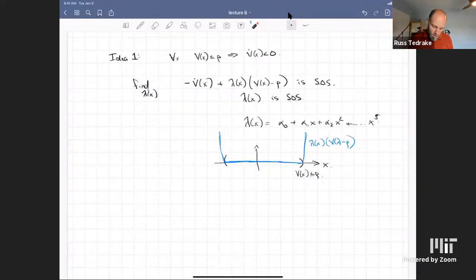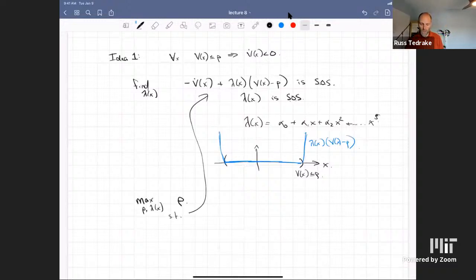Awesome. The problem with this, as we just talked about, is that if I want to maximize rho, I want to find the biggest sublevel set. So it would be very tempting to say maximize rho. My decision variables would now be rho, lambda of x, and all those terms above.